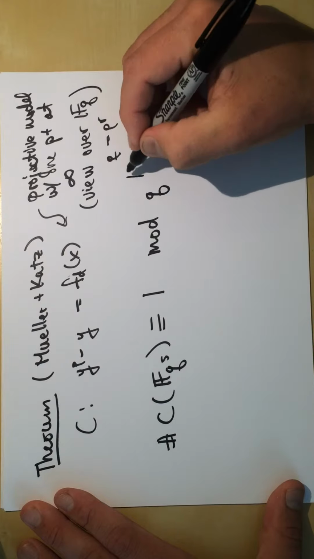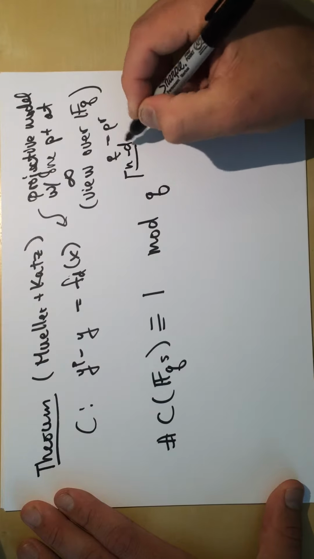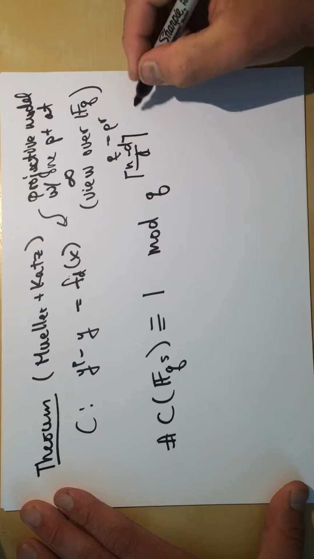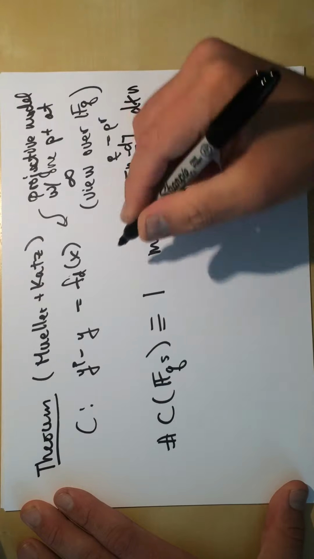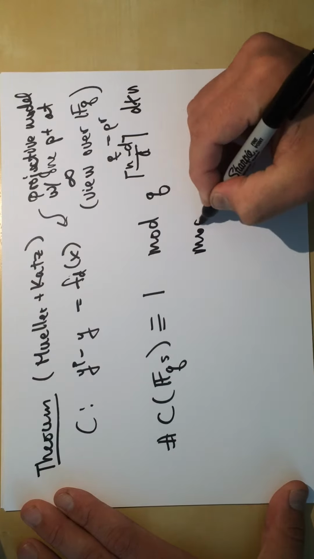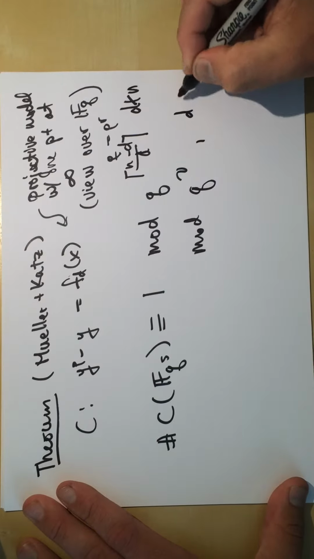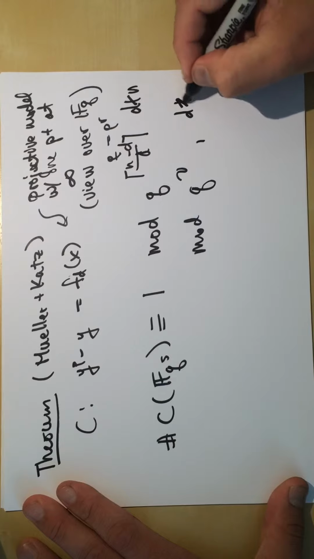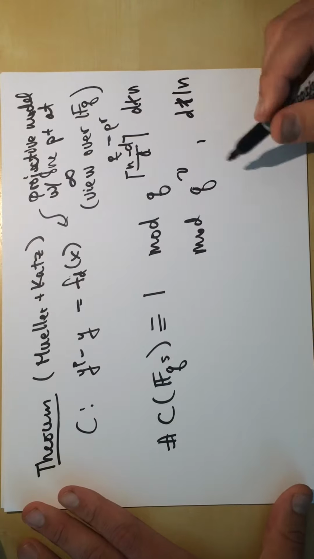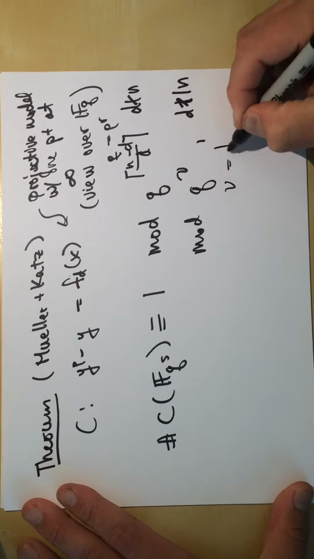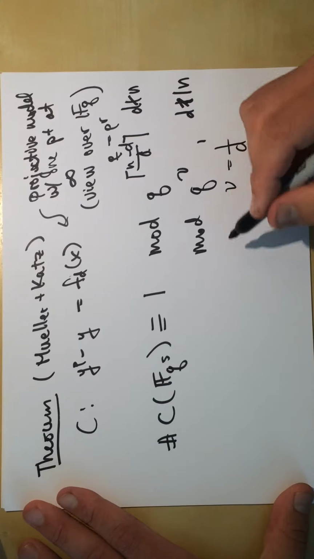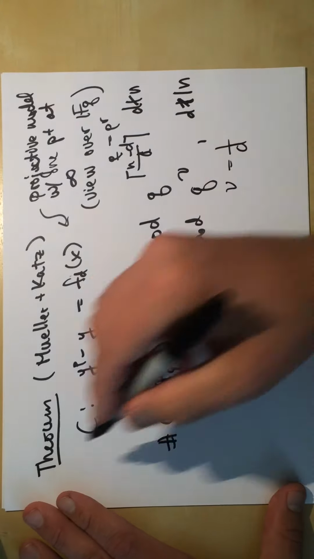It's going to be q to the (n minus d) over d when d doesn't divide n, and modulo q to the nu when d does divide n. Here nu is going to be equal to 1 over d. So this is the theorem.